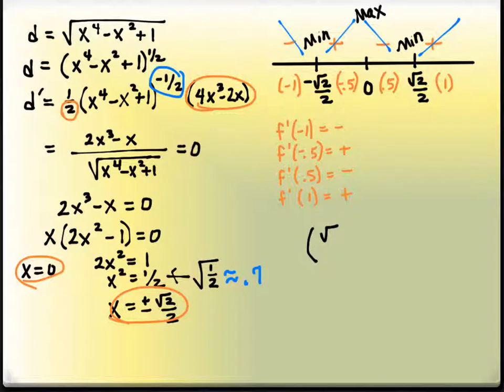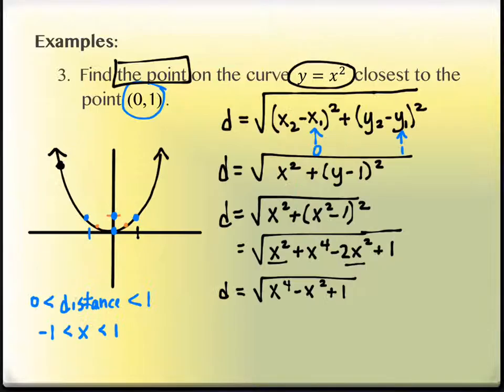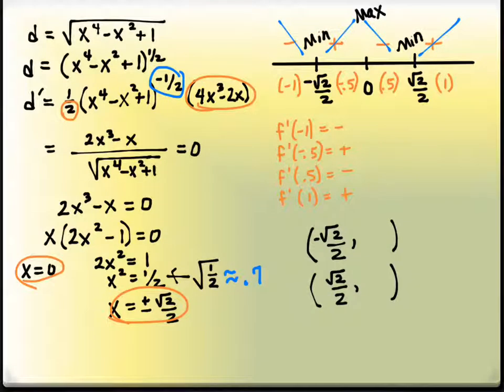So one answer is negative square root 2 over 2 for x. The other one is positive square root 2 over 2 for x. How in the world am I going to find the y value? Yeah, we're going to plug it back into this equation right here, right? This is how x and y are related. Y is x squared. So what happens when I square negative square root of 2 over 2? I get a positive.